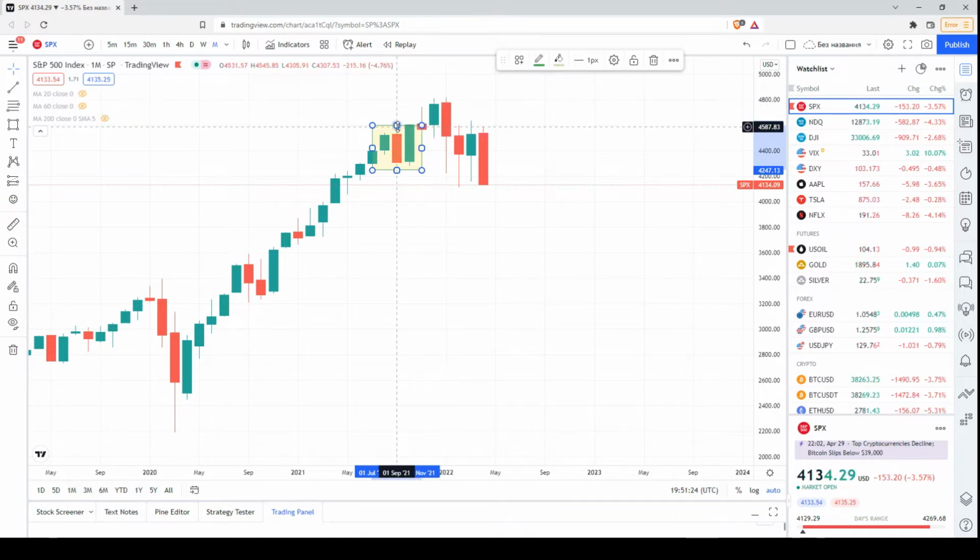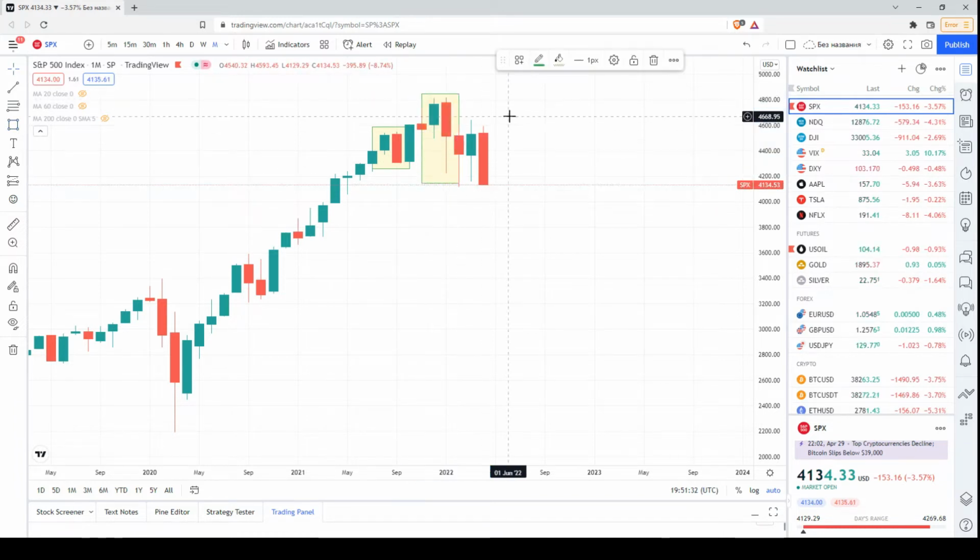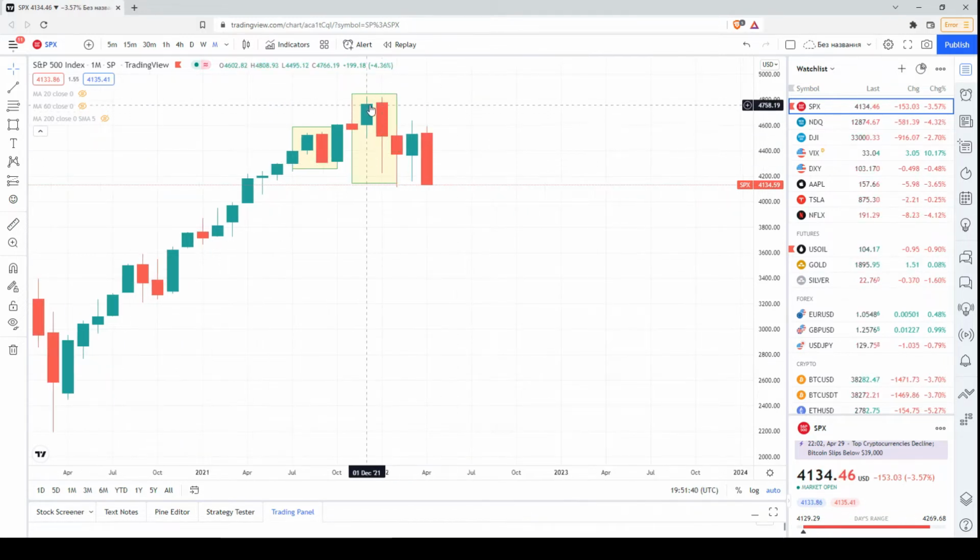In January we had a bearish engulfing, the final bearish engulfing, where the monthly candlestick for January covered again with its body the previous one, the bullish candlestick for December.